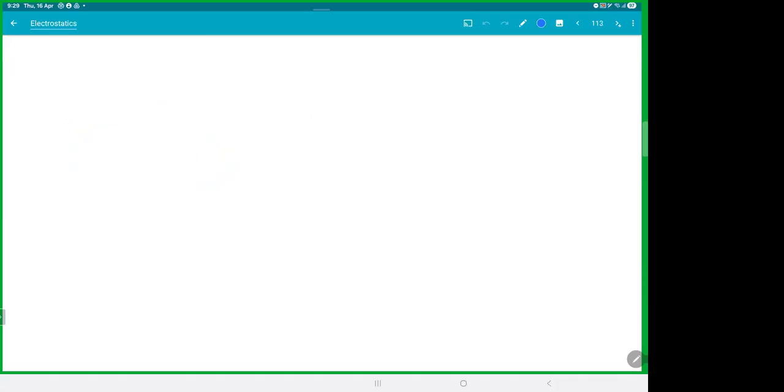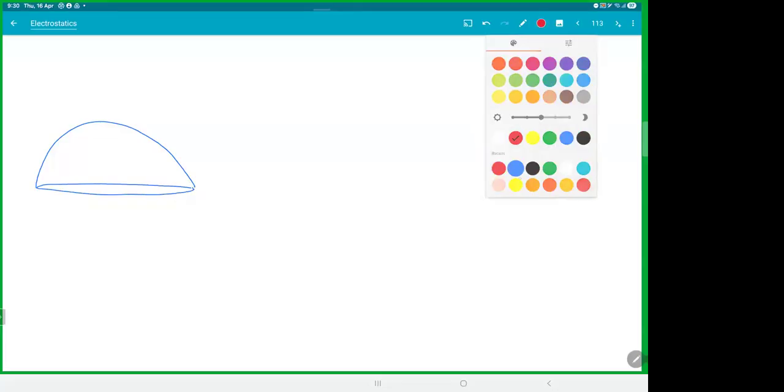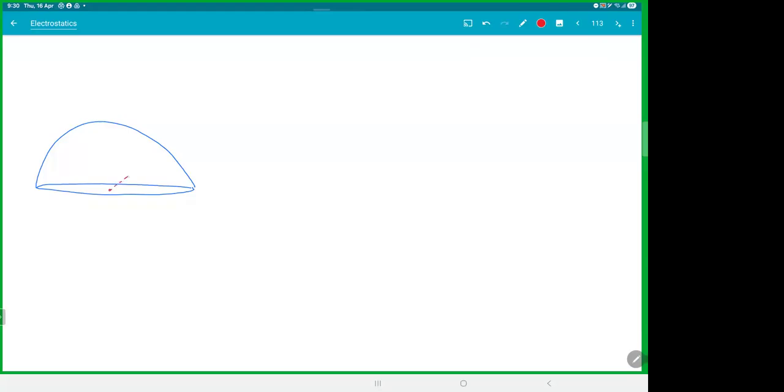Okay, let's see how you will take an element. So from here, at an angle theta, take a small angle d theta there.